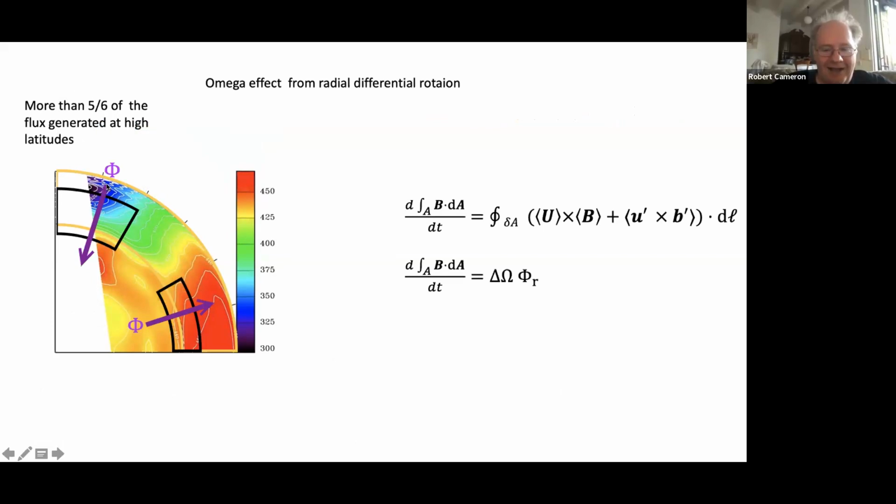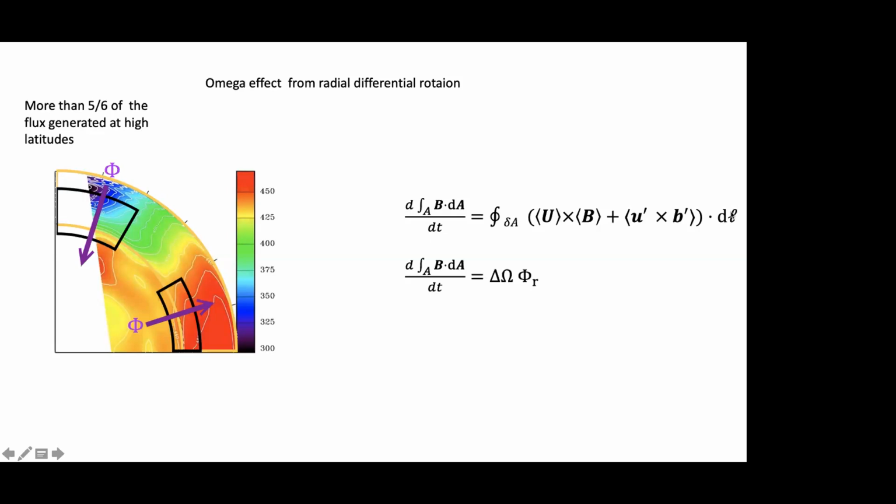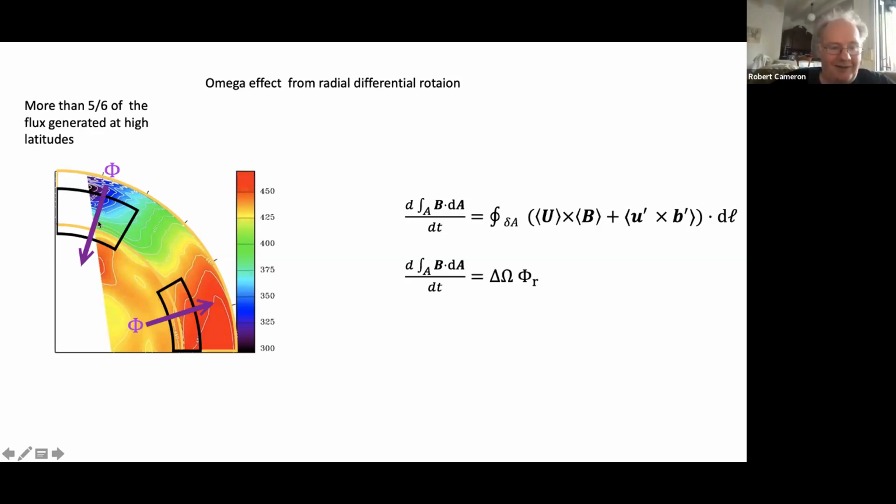Yeah. So phi r tells you what's produced. But if you look at the theorem, you've got this U cross B dl. And U cross B dl is going to be, the U is the U phi, and the B will be the BR. So on the left hand side, you're right, you only have the B phi. But on the right hand side, you're going to have a BR.